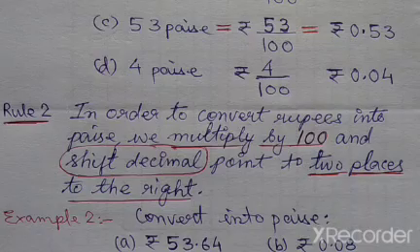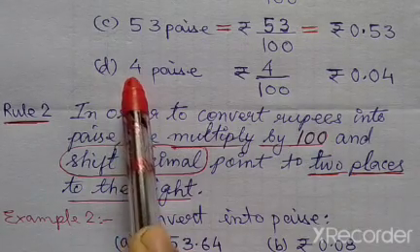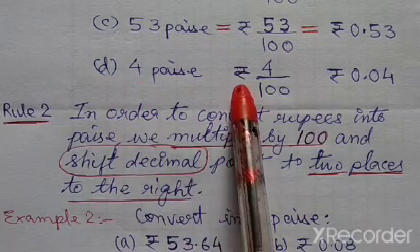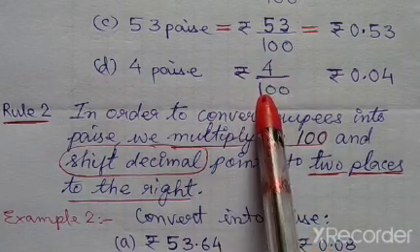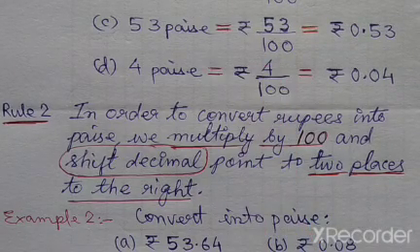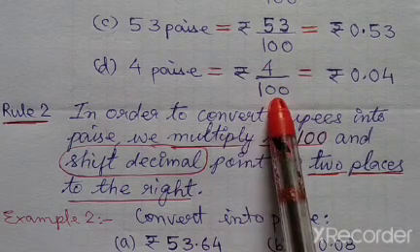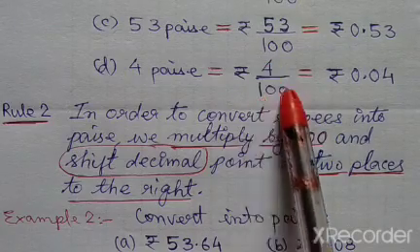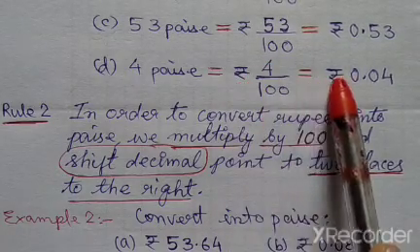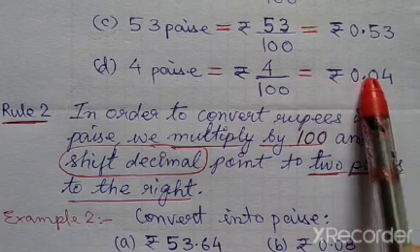Last question, 4 paise is equal to rupees 4 upon 100. Okay children, 4 upon 100. So what we have done is divided 4 by 100 and put the symbol of rupees. Now equal to rupees 0.04.